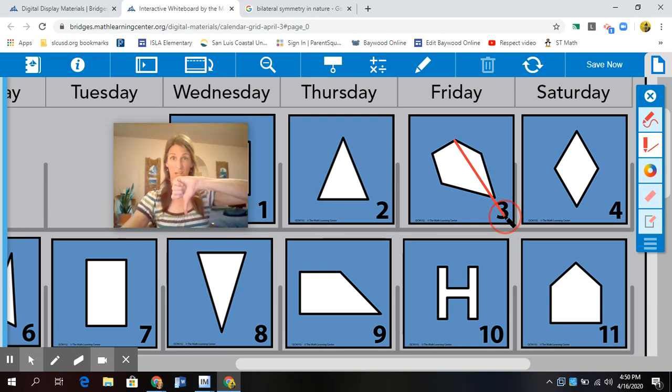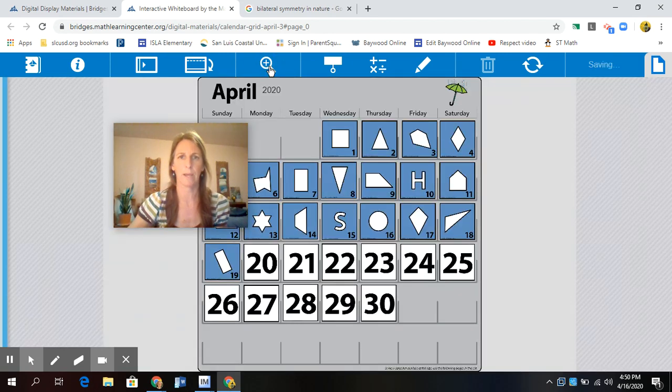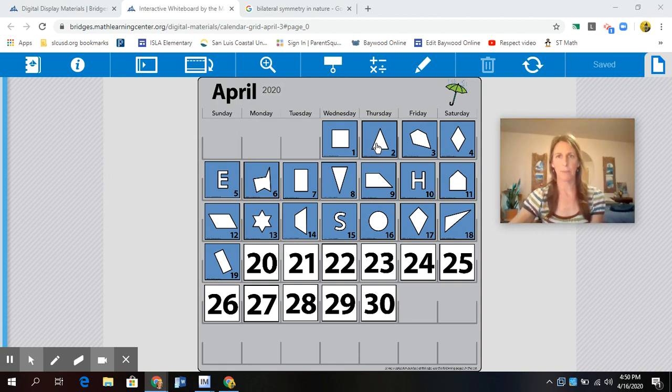Thumbs up or thumbs down? Symmetrical, not symmetrical? Not symmetrical. That shape is not symmetrical. So I'm going to get rid of my tool, and I'm going to bring this back to regular size. Here I go, speeding through the month of April to catch us up.